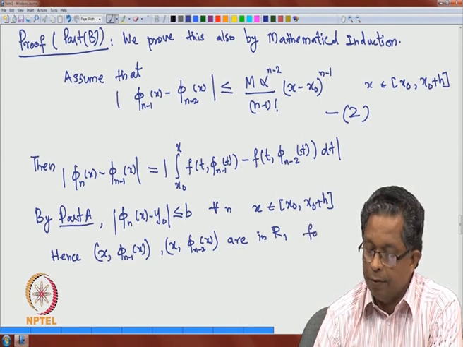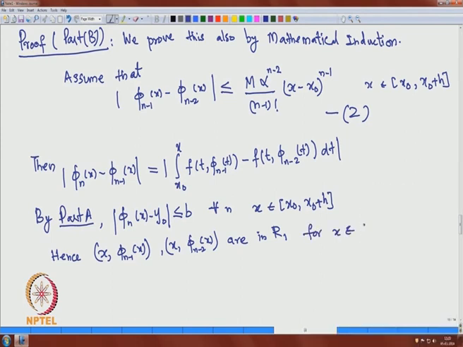Okay, for x, of course, in the interval x0 to x0 plus h. Since they are in R1, f satisfies all the nice properties in R1, including the Lipschitz continuity properties.